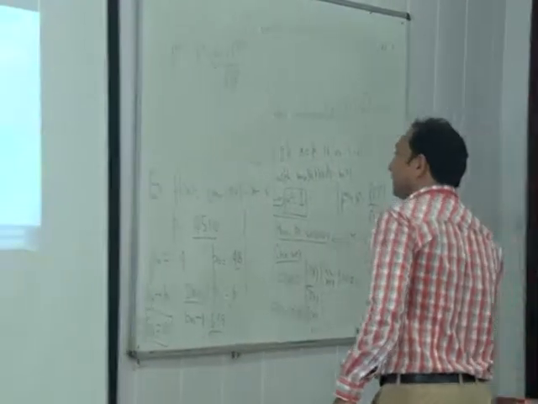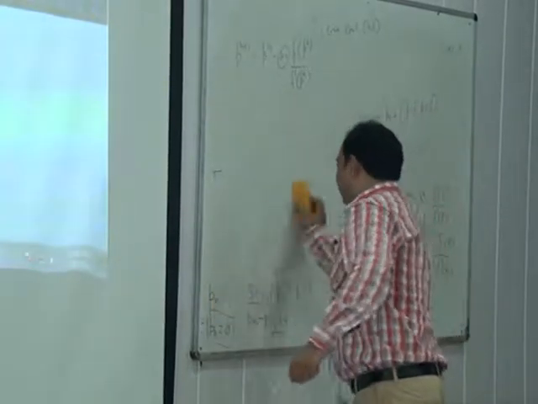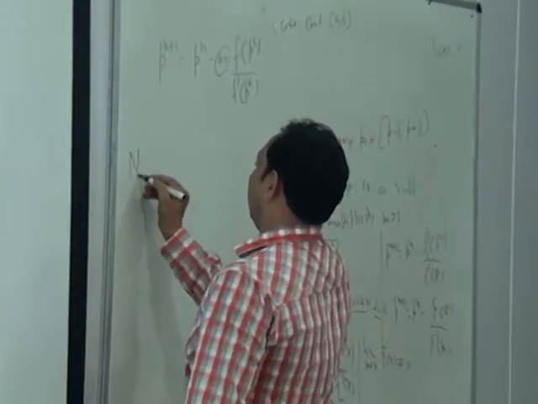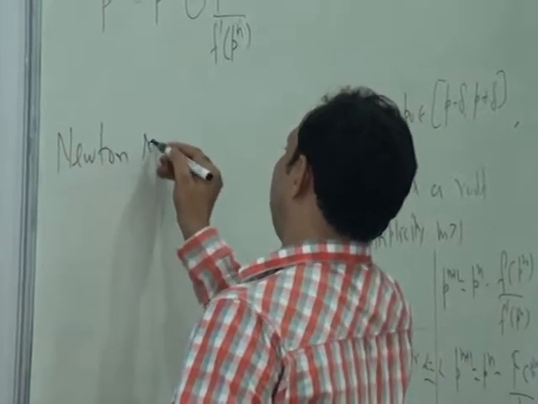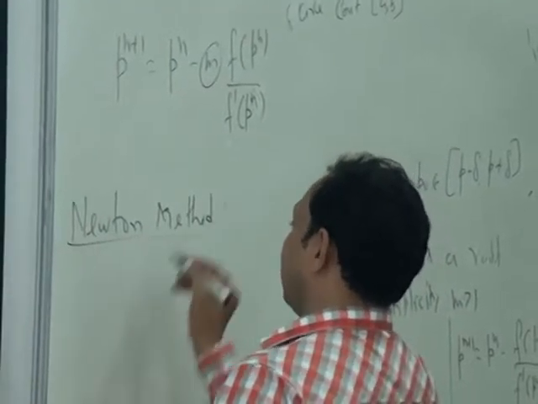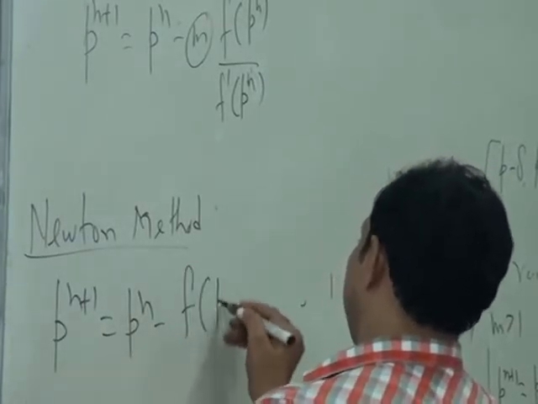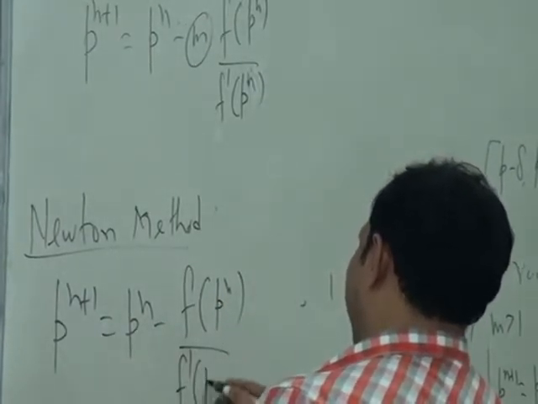But again, you have to pay attention to your P naught. In the Newton method, the only drawback is that P naught. Another drawback is this derivative, correct? The Newton scheme is Pn plus 1 equal to Pn minus F(Pn) divided by F dash Pn.